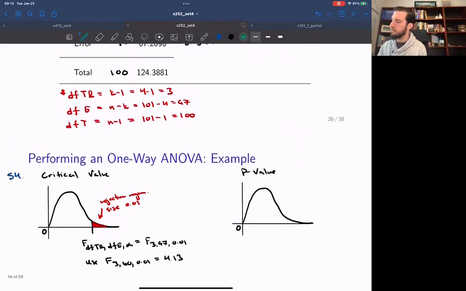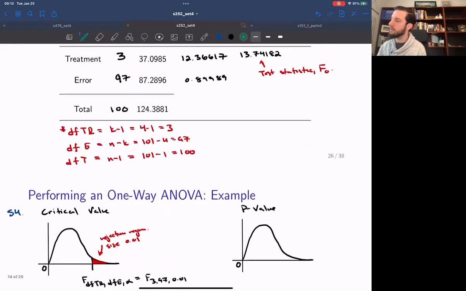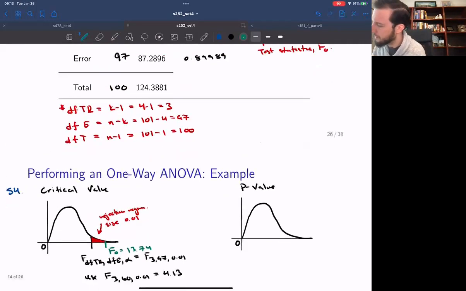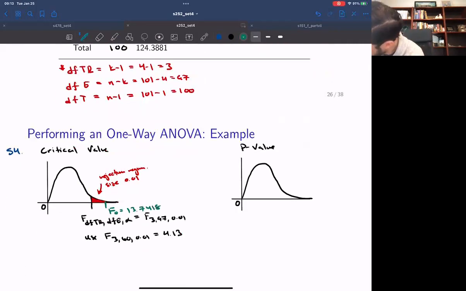Okay. And then we can see that our test statistic is 13.74. So our test statistic is well inside the rejection region. So based off the critical value approach, we will reject.